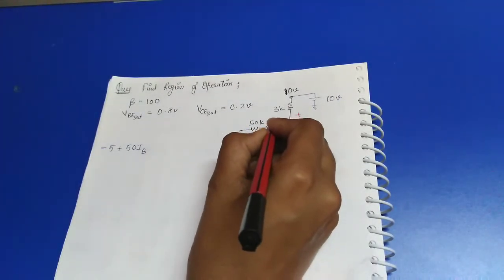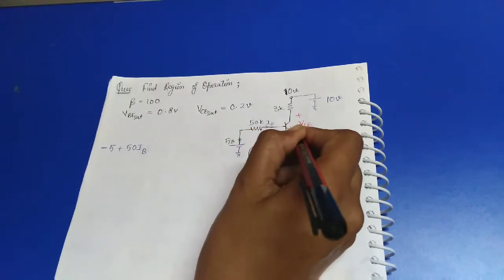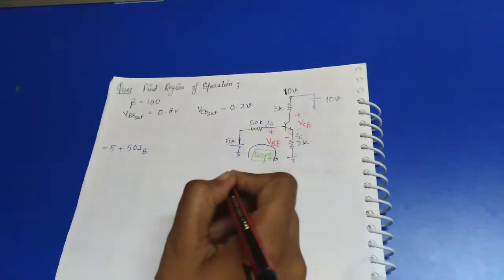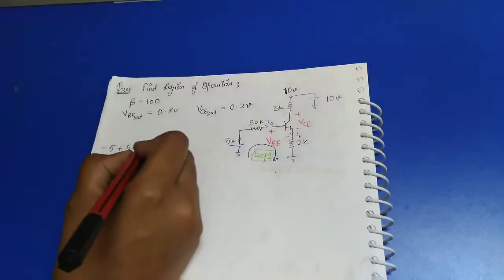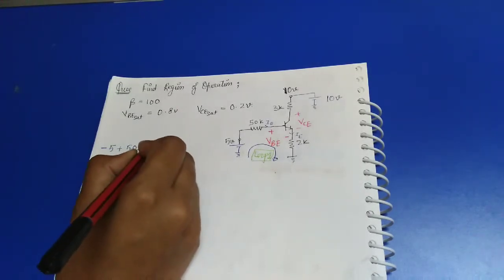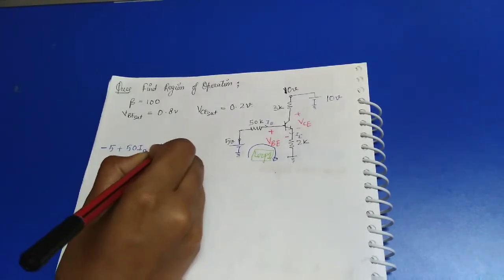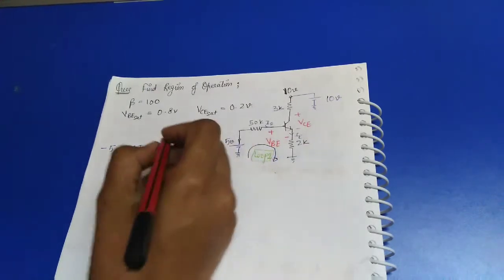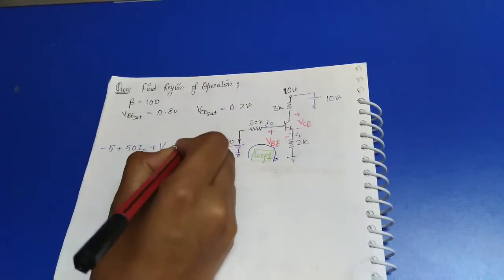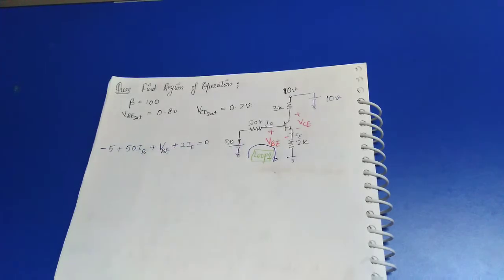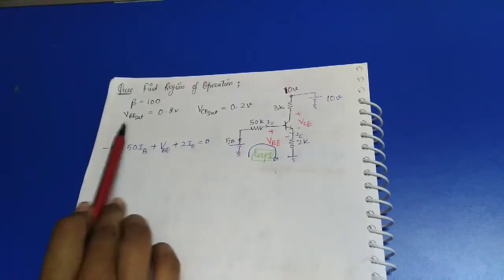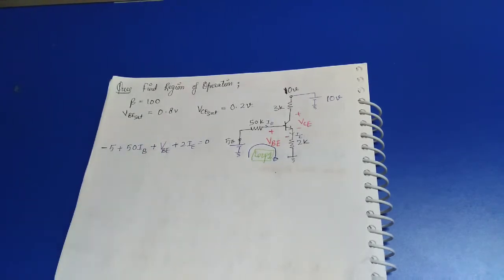This is IE. 50 IB plus VBE, this voltage, plus 2 IE equals 0. In the first step, we have to use these values, VBE saturation, but we don't have to use beta.